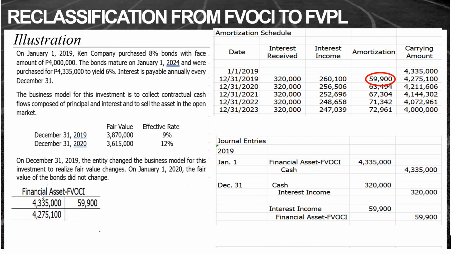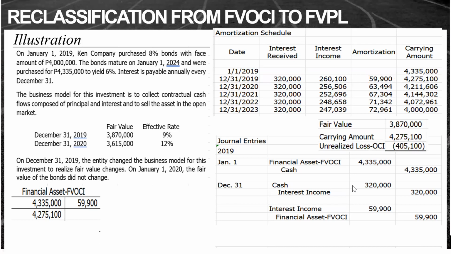So this is what our T account will look like as of December 31, 2019. We now have a balance of 4,275,100. After that, we compare it to the fair value. The problem says the fair value as of December 31, 2019 is 3,870,000.